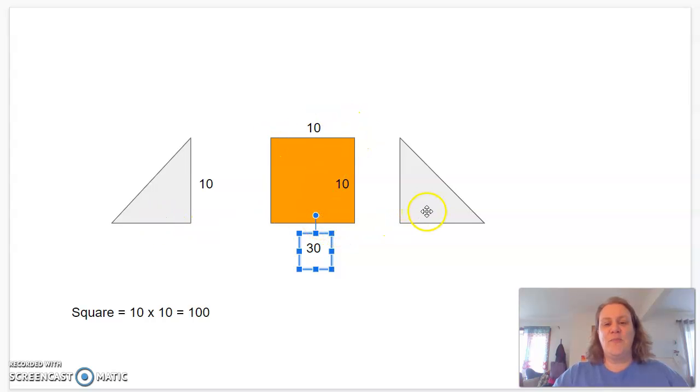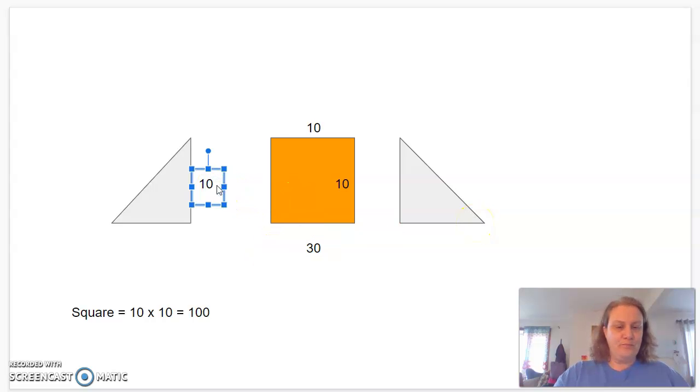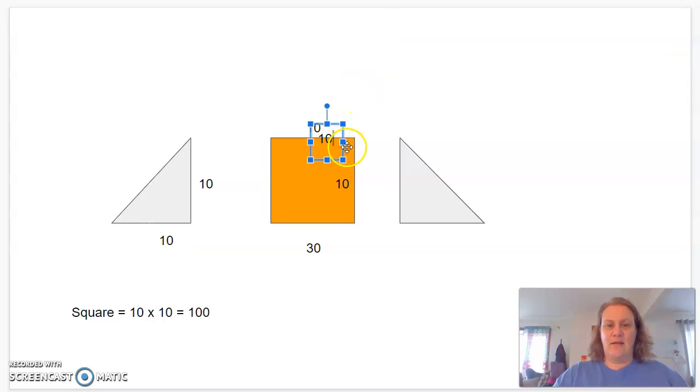And because these two parts are exactly the same, we know this plus this is 20. So half of each has to be 10. So let me just label those for us. We have 10 here and 10 here.